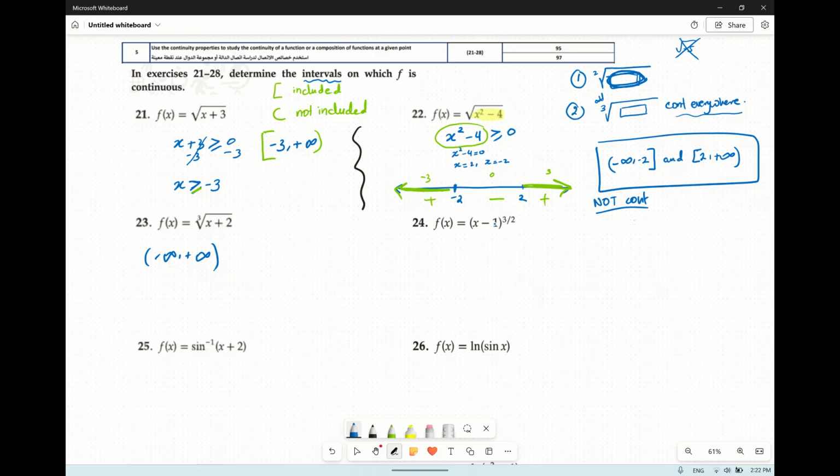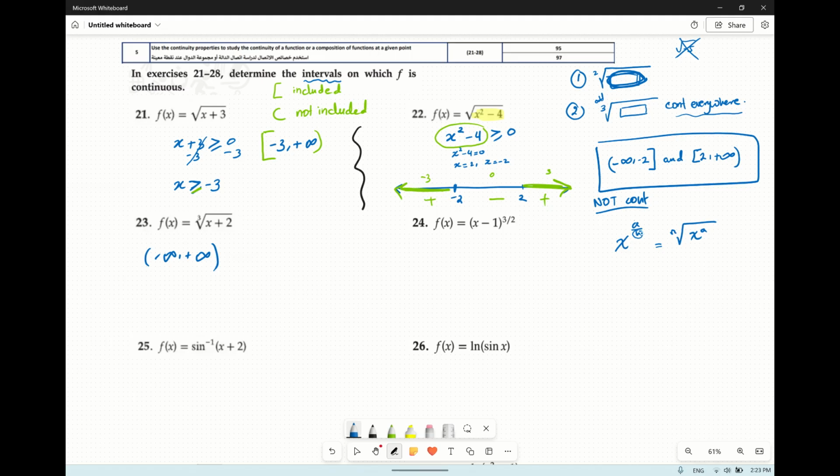24 has x minus 1 power 3 over 2. Now, what does this power mean? Whenever you have a power that is a fraction, you can convert it into a root. If you remember, if you have x power a over n, this means that this n is the index of the root and this a is the power of the x.